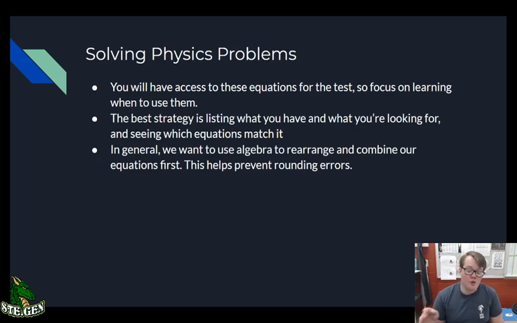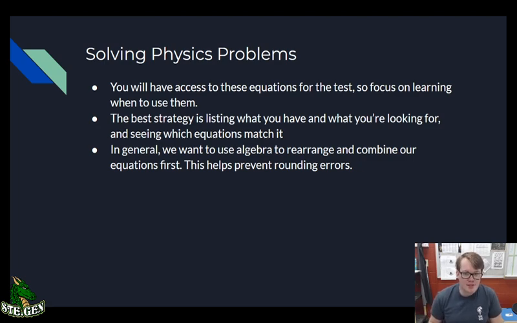In general, when you're solving these problems, and the way we're going to work through them, is you need to work on your strategy for them, because you're going to have the equations for the test. What I recommend you do is you list out what you have and you write what it is. So don't just write 3 meters per second, write V naught or V equals 3 meters per second. And you categorize all that information, you list it out, and then list out what you're looking for.